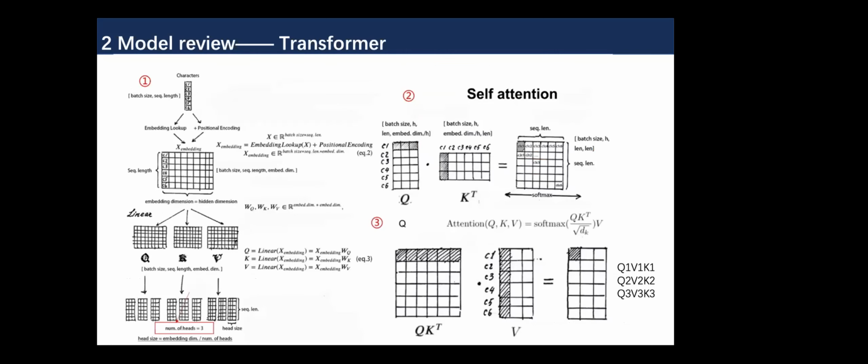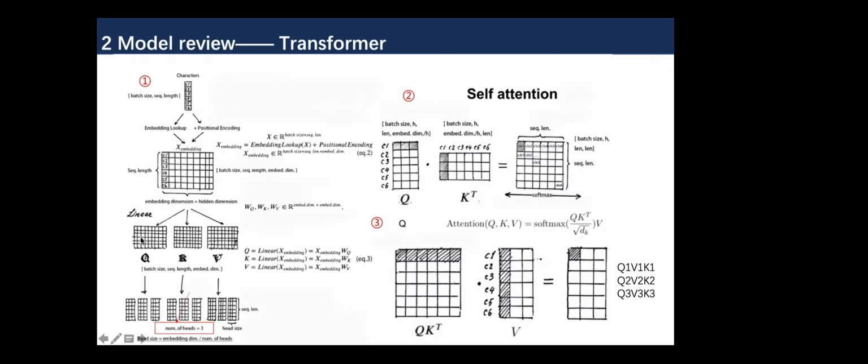In self-attention, at first we have a sentence and we split it into parts. In this example, we have 6 tokens, and we do word embedding and position encoding to mix them into a matrix. In this matrix, every row represents a word. Next we have 3 weight matrices.